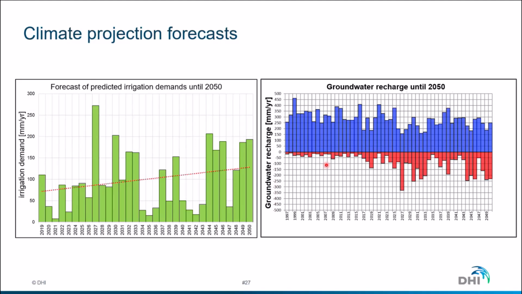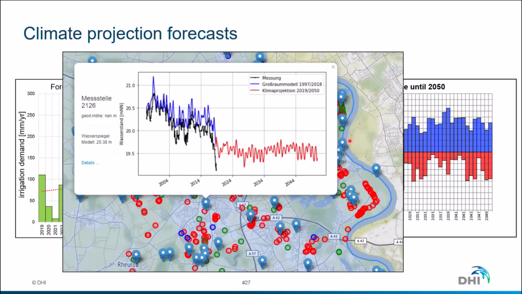Now, turning all these modules on, we did this for one of the most important and largest post-mining sites here in northwest Germany, where we are working for our client for many decades. They wanted an irrigation demand prediction and also to simulate the groundwater recharge until 2050. We did that with different climate protection scenarios, which was also quite interesting for us.